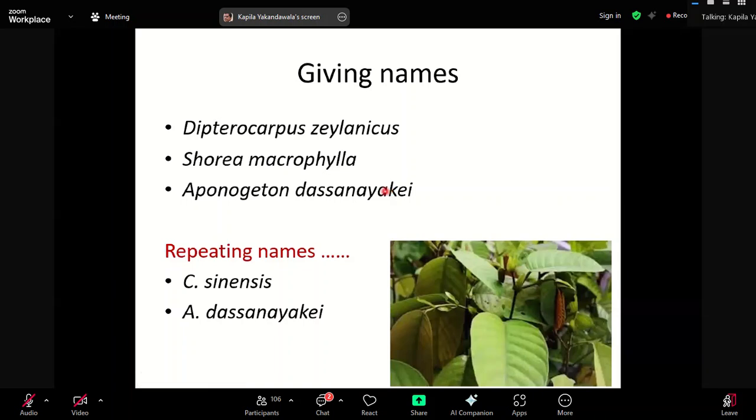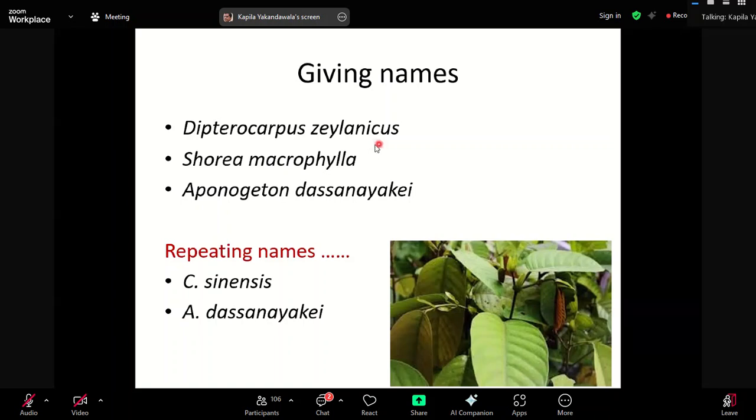You can give names in different ways, like Dipterocarpus zeylanicus. This is a horror plant. If you look at the horror plant, this originated in Sri Lanka.